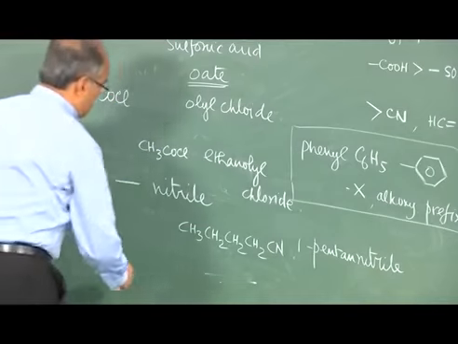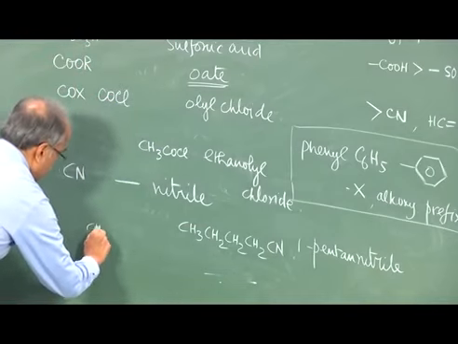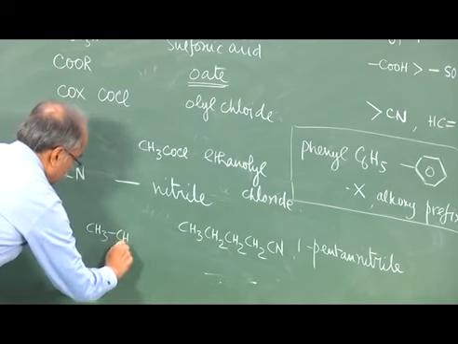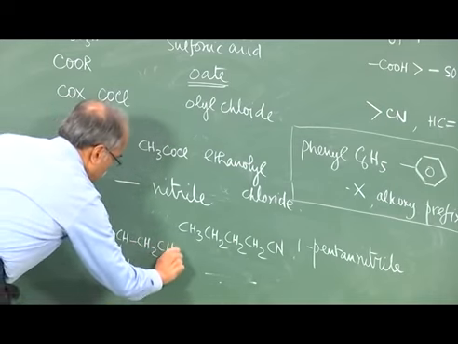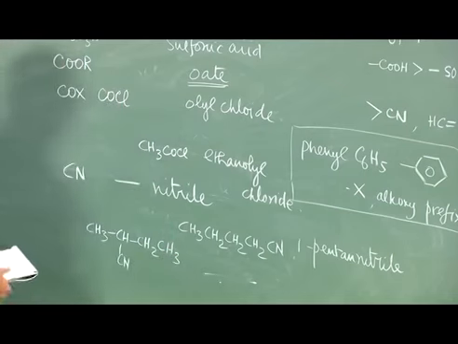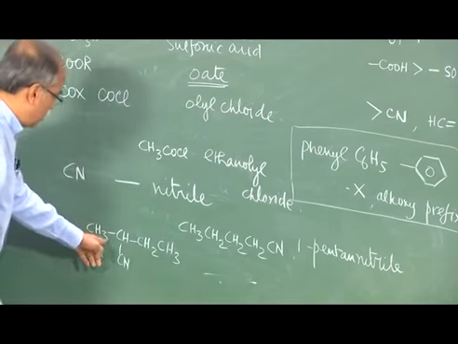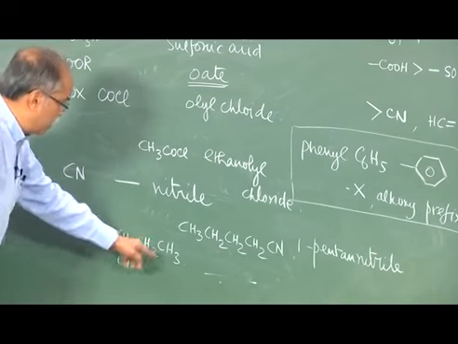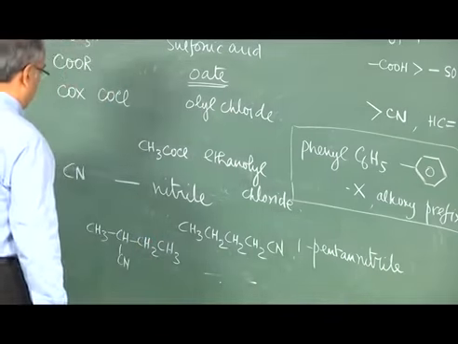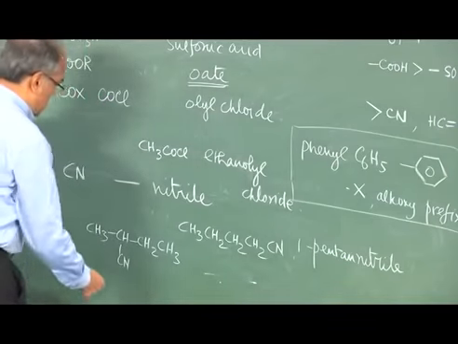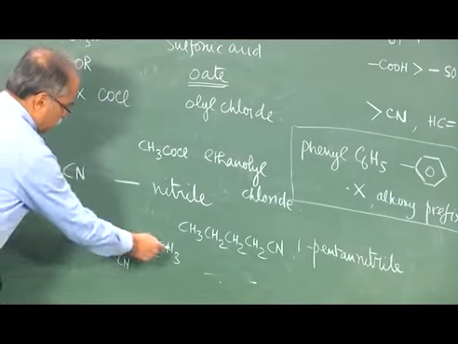You can also have isomers of this. This would be 2-methyl butyronitrile. So, the longest chain is taken as the C4 chain.